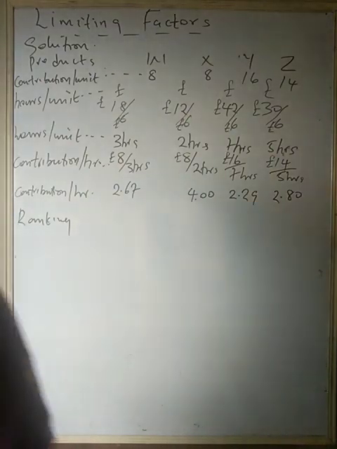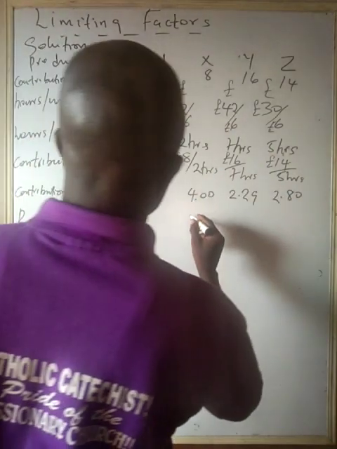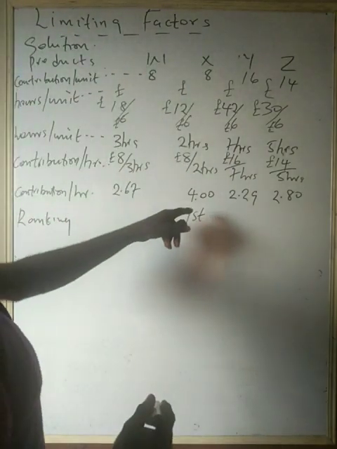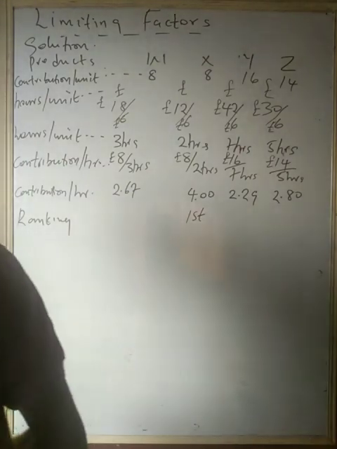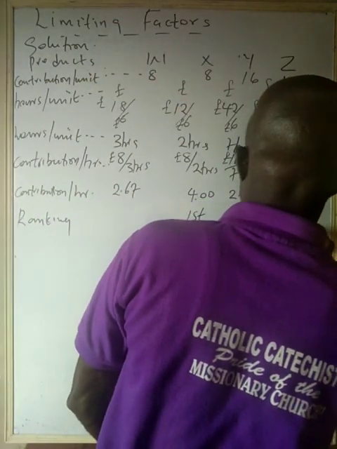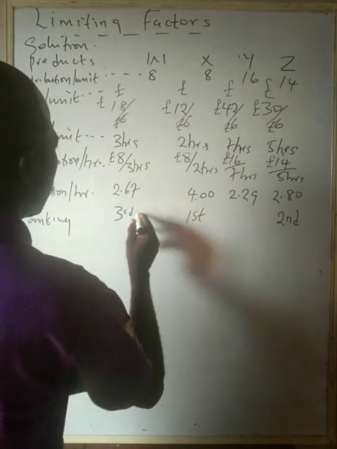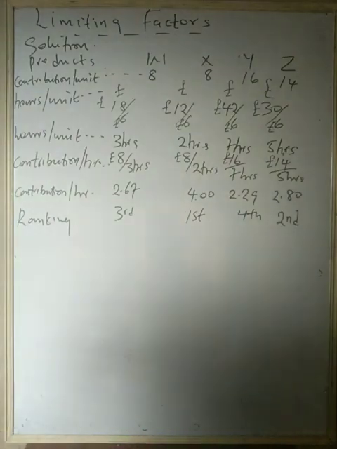This is first, followed by 2.8, which is second, then 2.67, which is third, and this is fourth. We are going to rank because we are going to produce 5,000 units of each.